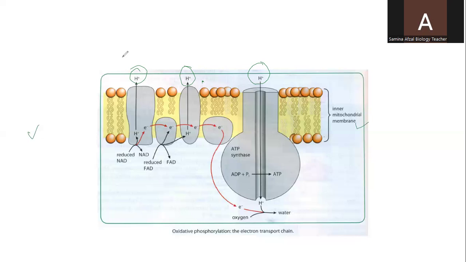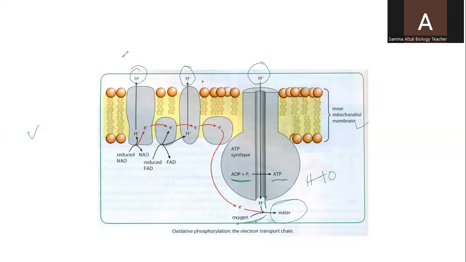As a result of this, oxidative phosphorylation will take place, and ADP will be changed into ATP. Most of the ATP is produced in this stage, and then oxygen will combine with this hydrogen, and as a result there will be the formation of water.